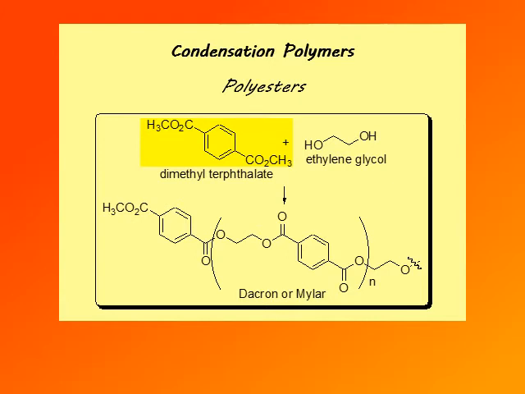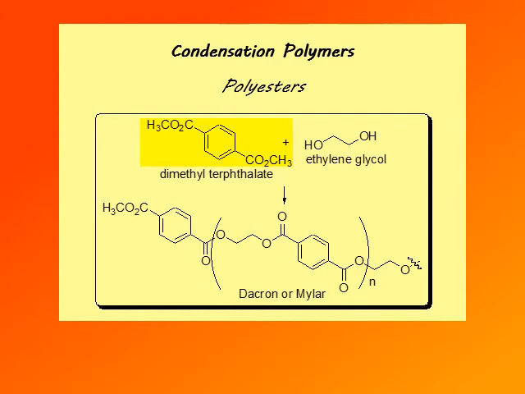In order for a chain to form, both the acid and the alcohol have to be bifunctional. So we need dicarboxylic acid and a diol. Or alternatively, if we want to carry out trans-esterification reaction, which is more commonly carried out in industry, then we need diester and diol. So here is one example.